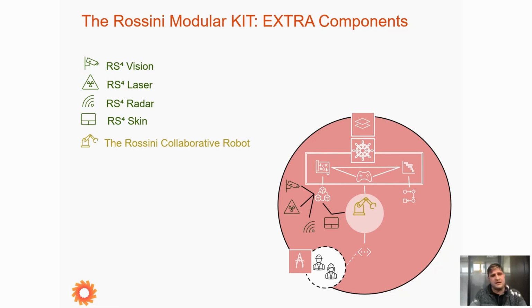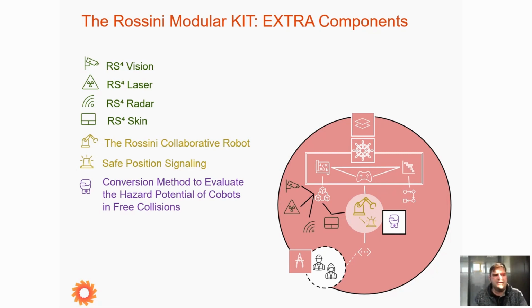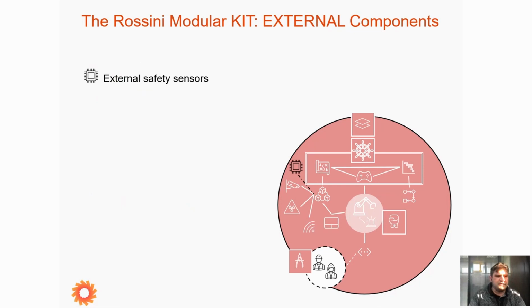And then concerning the robot itself, we have built a Rossini collaborative robot by birth, and a safe positioning signal that can improve the safety of the robot itself, and also a conversion method to evaluate the hazard potential of cobot in free collisions that actually has also been put as part of a standard, and that allows to reach better performance, as it will be explained after.